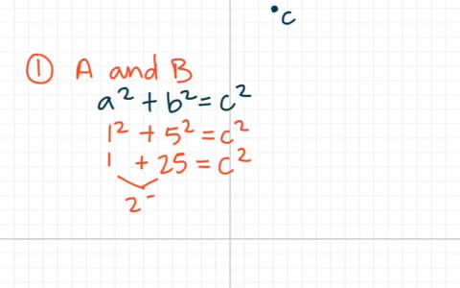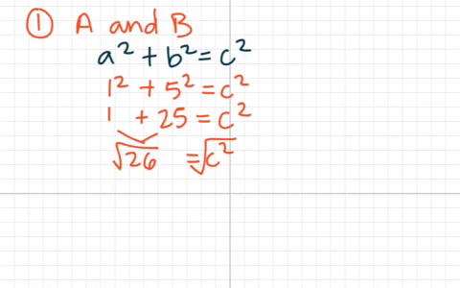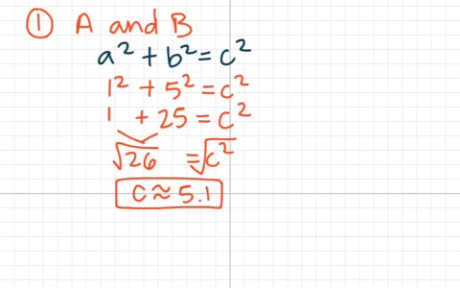Oops. That gives me 26, and I want to get c by itself, so I take the square root of both sides. So the square root of 26, I can plug this into my calculator, and I will get that c is about 5.1.